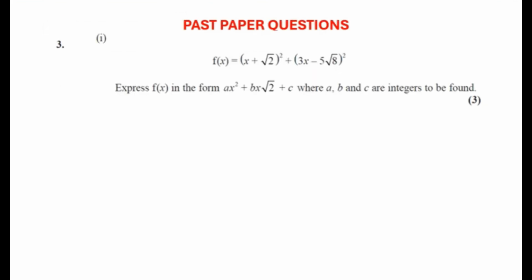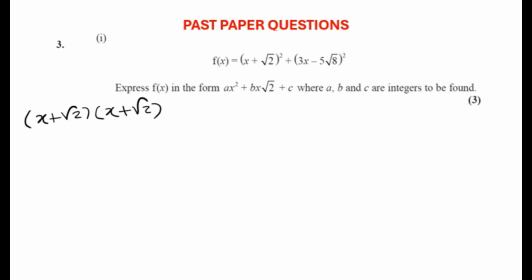Let's move to past paper questions. For the past paper question, f(x) is equal to (x plus root 2) whole squared plus (3x minus 5 root 8) whole squared. Because it is squared, we have to expand them. So I can expand x plus root 2, x plus root 2.